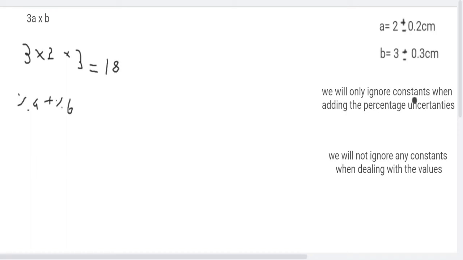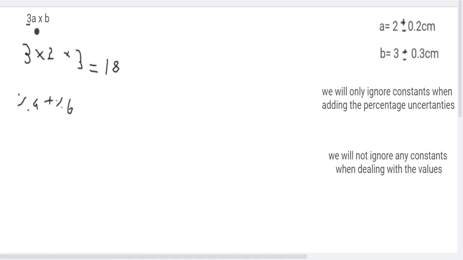We will only ignore constants when adding the percentage uncertainties. So when I'm adding the percentage uncertainty, I would not consider this 3. We will not ignore any constants when dealing with values. So when I solve my 3A times B for the measurement or the value, where A was 2 and B was 3, I did consider this 3.